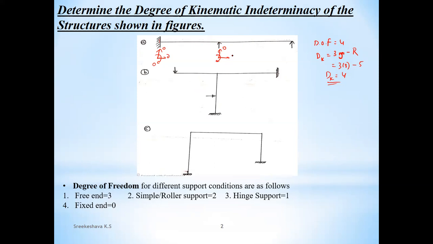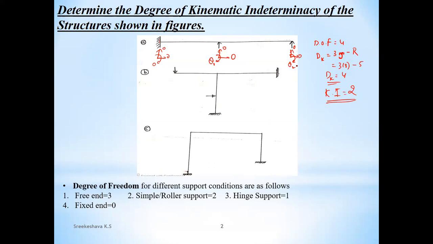Hence, this is 0. The possible is only theta. Here also, because of this fixity, it will not move. Because of the reaction, it will not move. Theta. Now, this is termed as kinematic indeterminacy. So, when we are talking about kinematic indeterminacy, we are talking about the entire structure. Now, what is kinematic indeterminacy? Kinematic indeterminacy is 2. That is theta, here 1 and 2.